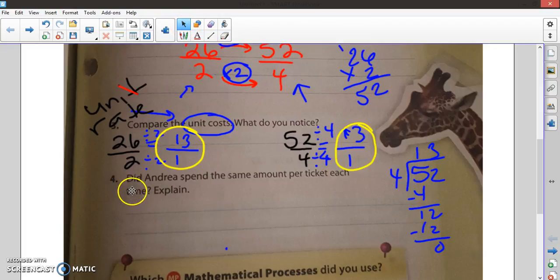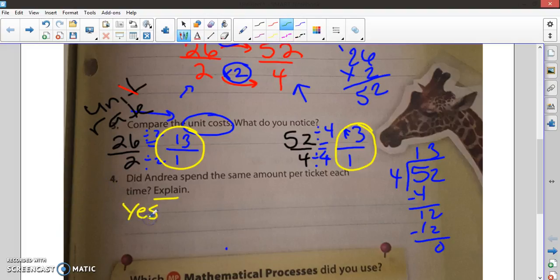Okay, so now go ahead, you can answer number 4. Did Andrea spend the same amount per ticket each time? So pause the video and write down your answer. Make sure to explain. Okay, so did she spend the same amount per ticket?